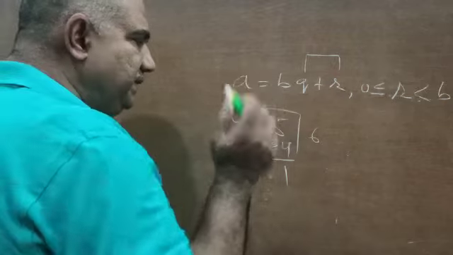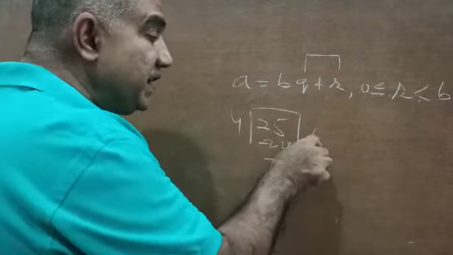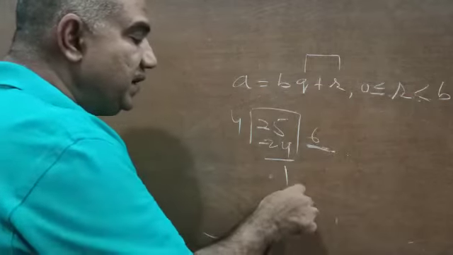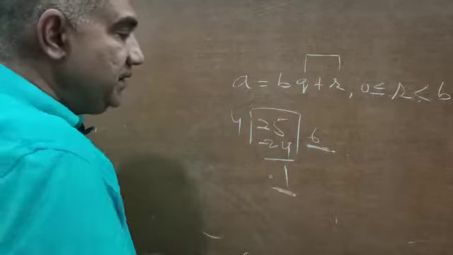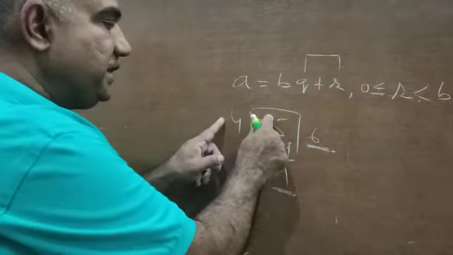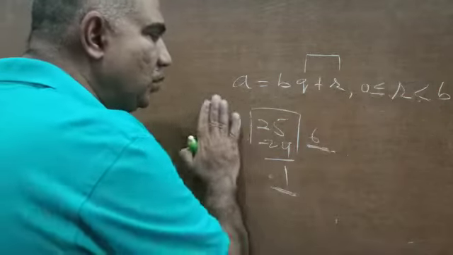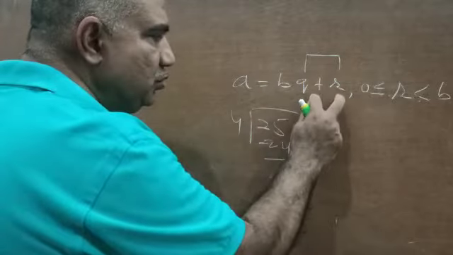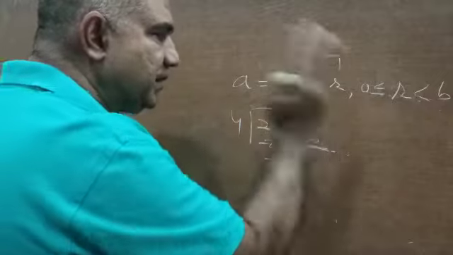If 25 is dividend and 4 is divisor, your quotient cannot be any digit other than 6, and your remainder cannot be anything other than 1. That means if dividend and divisor are fixed, quotient and remainder are also fixed. That is why we insist that given two positive integers A and B, there will exist two unique integers Q and R.